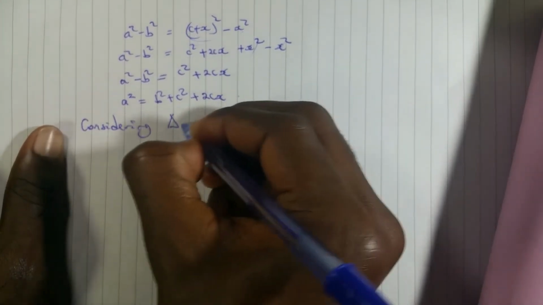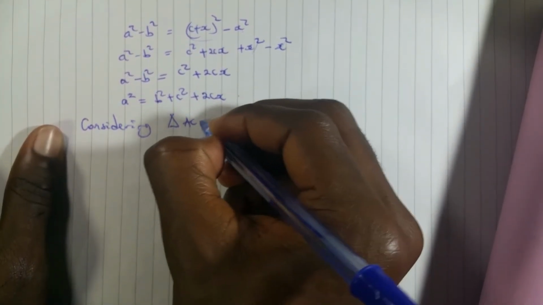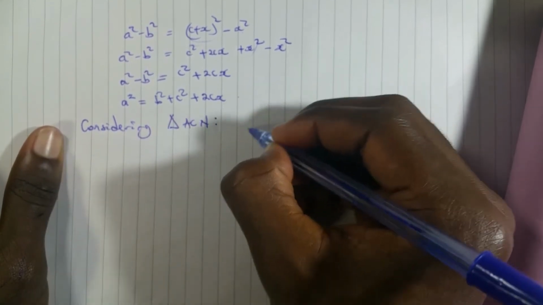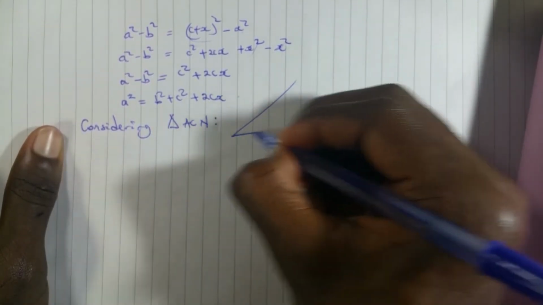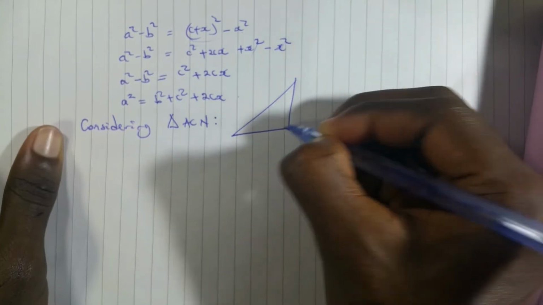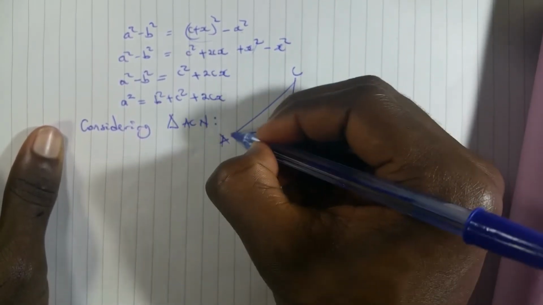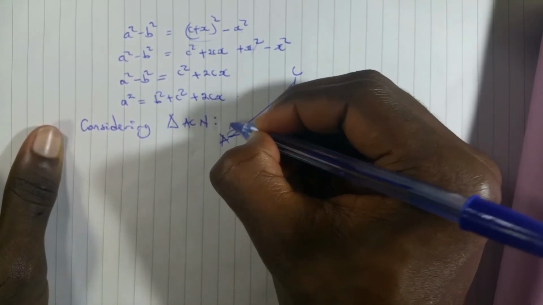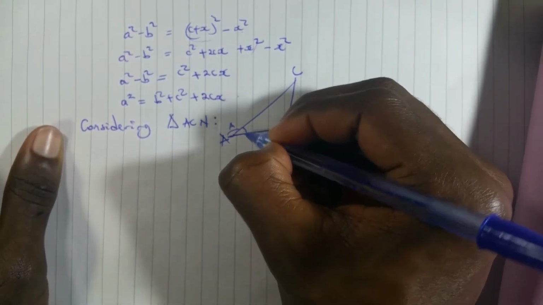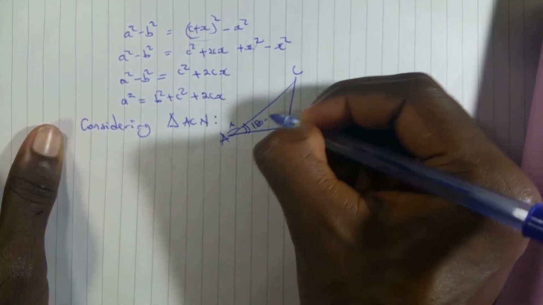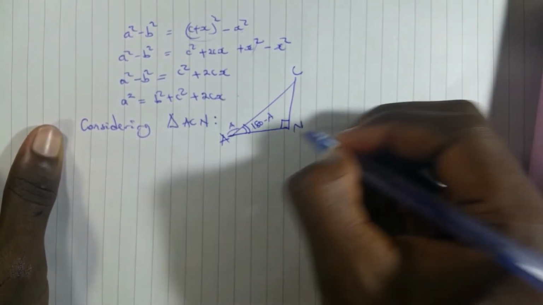Considering triangle ACN, it's like this. There's 90 degrees at N, and A here, but this angle here is 180 minus A, because a straight line is 180 degrees.